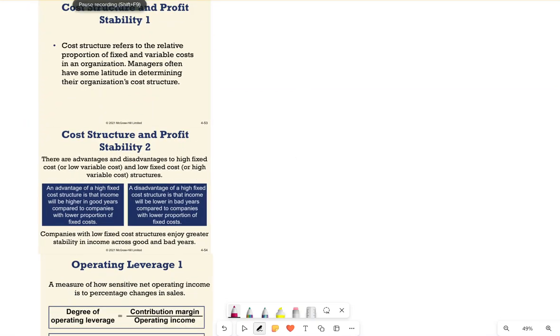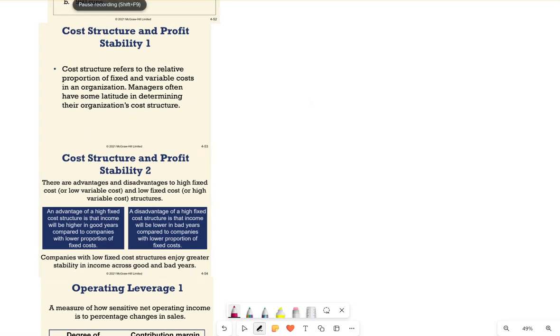So now the next one is, what are the advantages and disadvantages of cost structures and profit stability? When they're looking for stability, a cost structure refers to the relative proportion of fixed and variable costs in an organization. Managers often have latitude in determining their organization's cost structure.